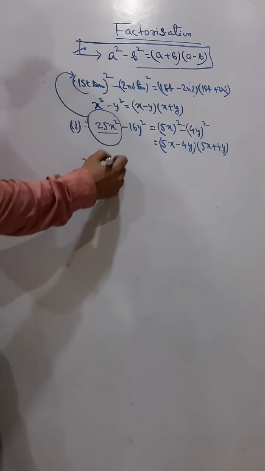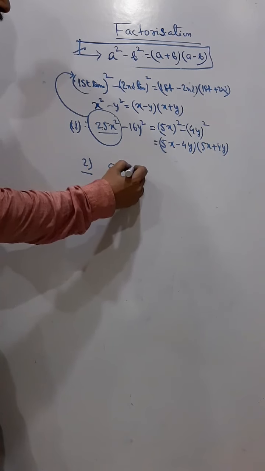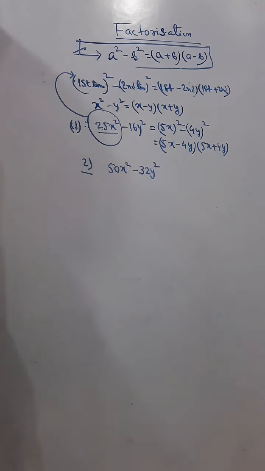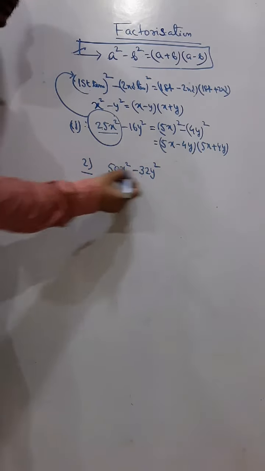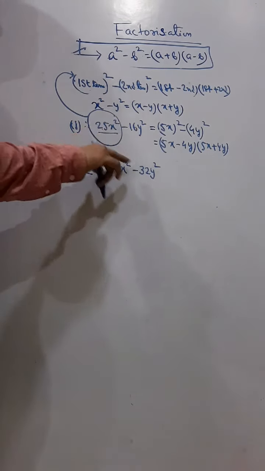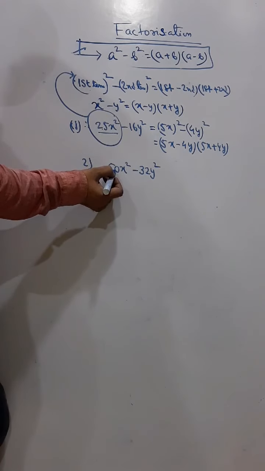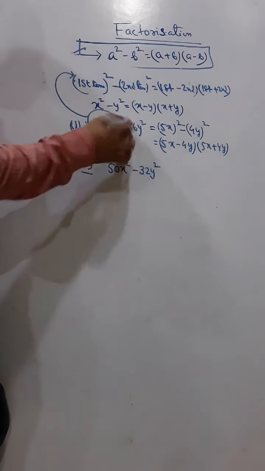Now suppose this sum is given in this form, say 50x square minus 32y square. The first rule of factorization is that if in the whole expression you get something common, first you take that common. Otherwise you cannot convert 50 into whole square and also not 32.